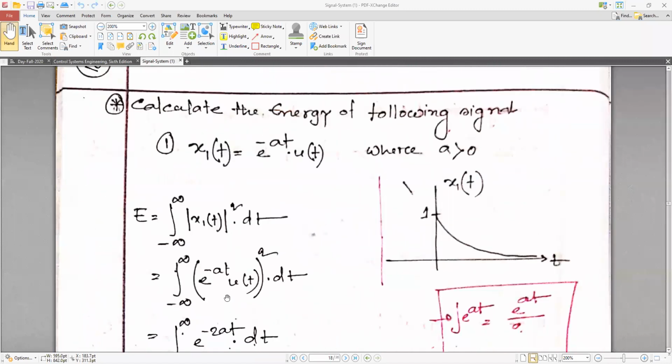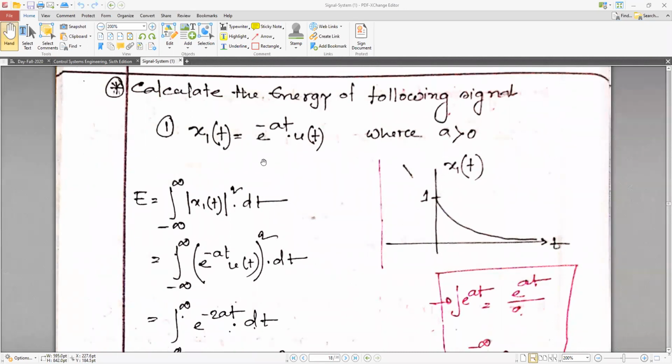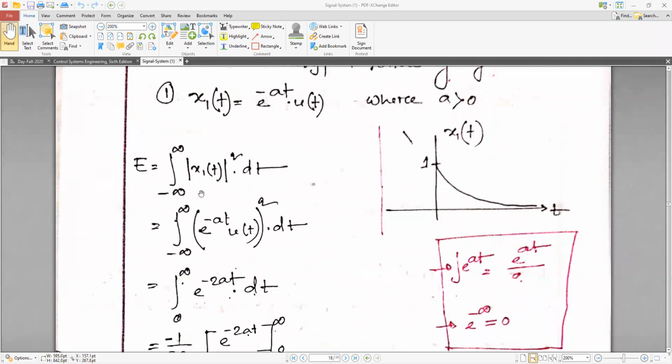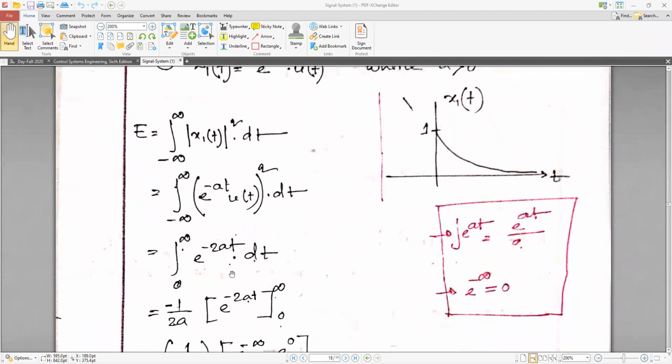Now some calculations. Calculate the energy of the following signal, where A is greater than 0. What will you do? We know that energy is the integral from minus infinity to infinity of x1(t) whole square dt. Put the value in and multiply it.